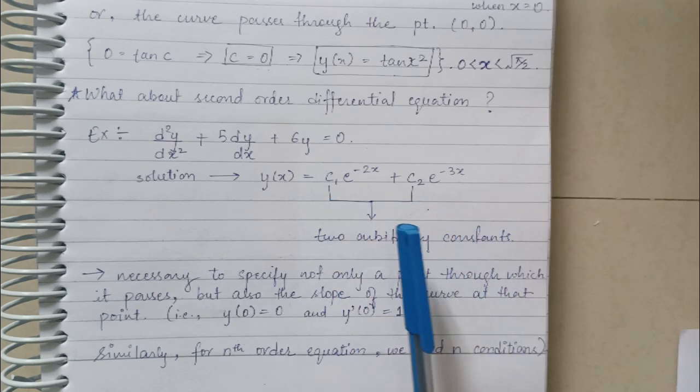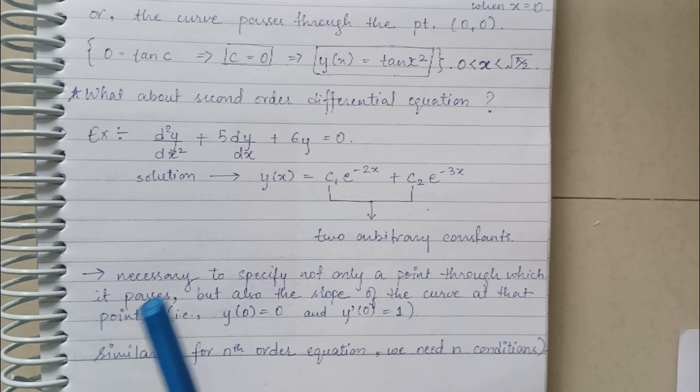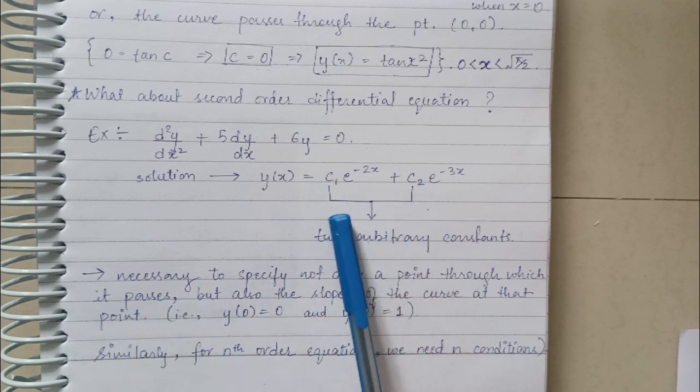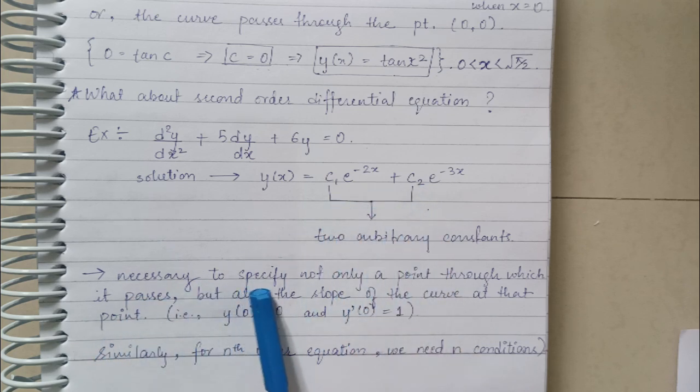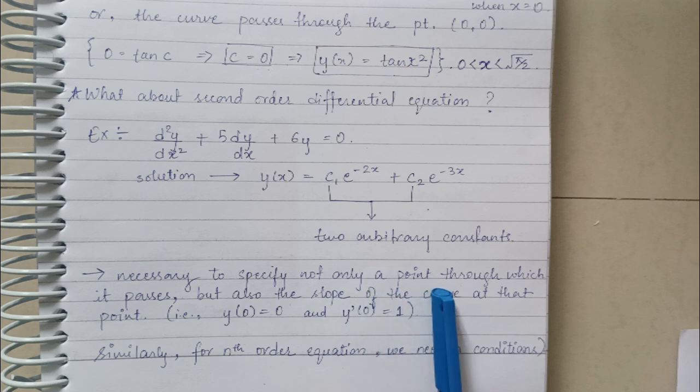Now how can we do that? To find c1 and c2, it is necessary to specify not only a point through which the curve passes, but also the slope of the curve at that point.